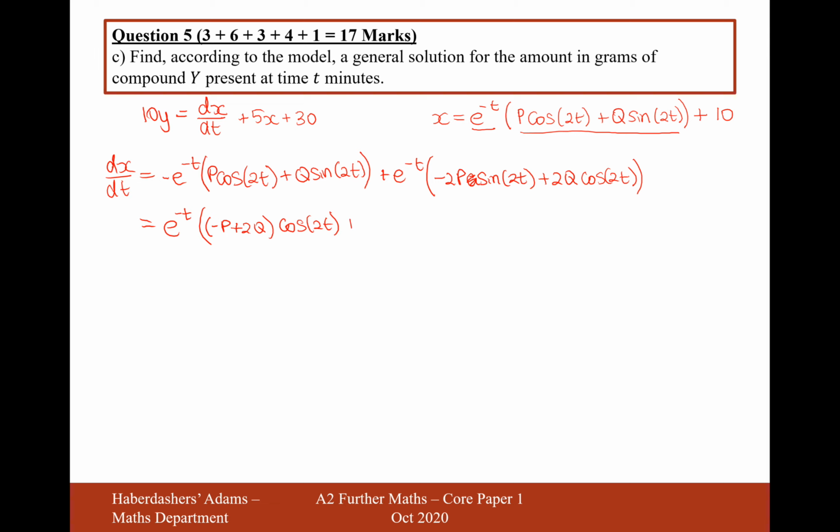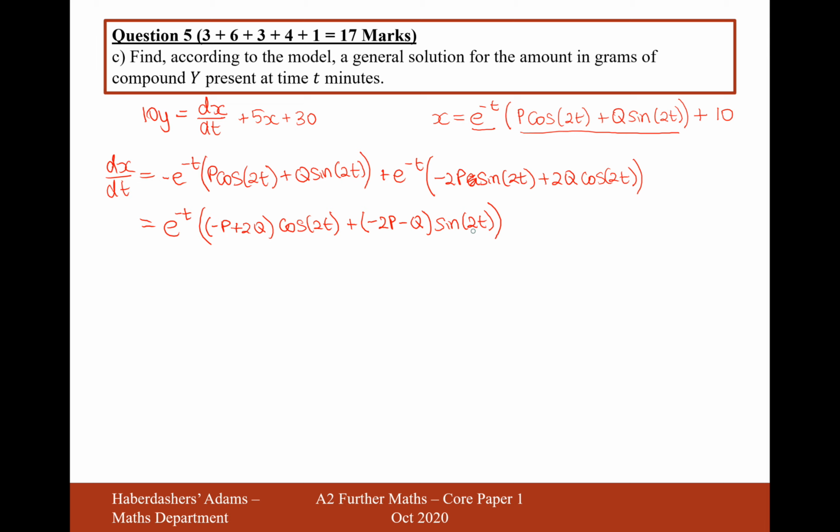And then it's going to be plus, and on the sine it's going to be a minus q and a minus 2p. So minus 2p and minus q. That's going to be the coefficient on sine 2t. Okay, so there we are. That's the first differential.